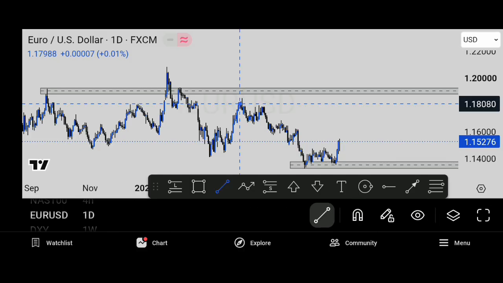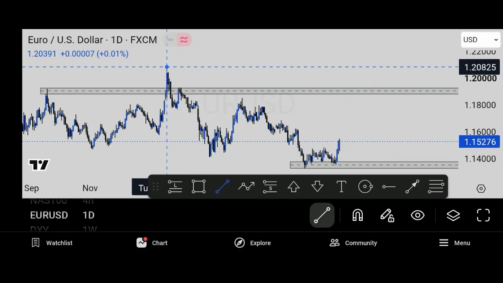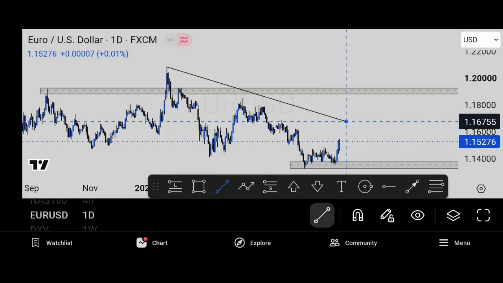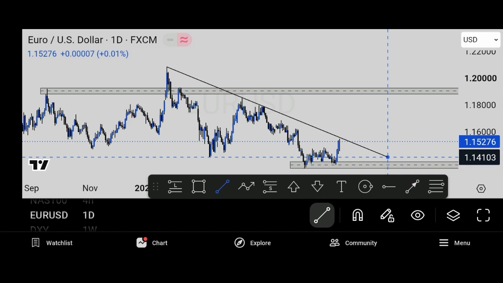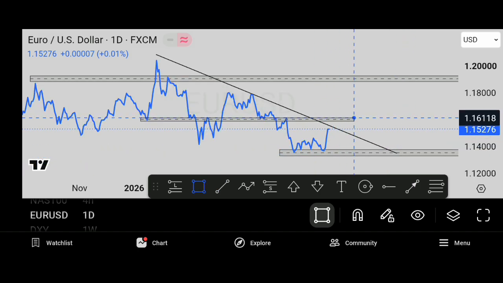So now focusing on the current market price, I'm just gonna start my trend line from here and drag it all the way to this point. We do have a zone that has quite a lot of touches, right?